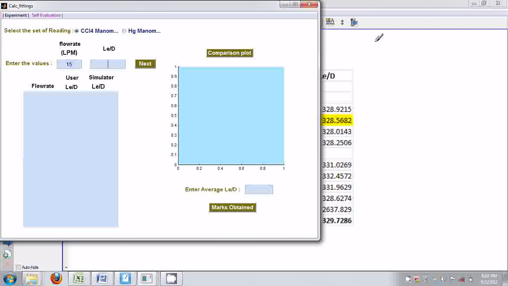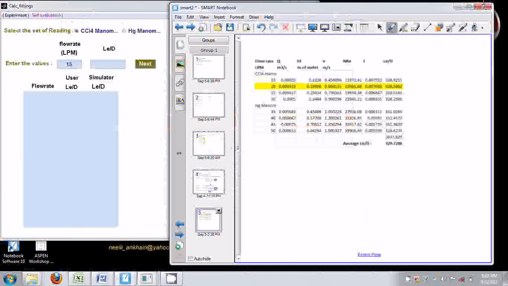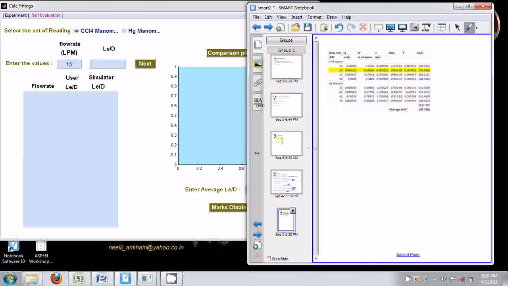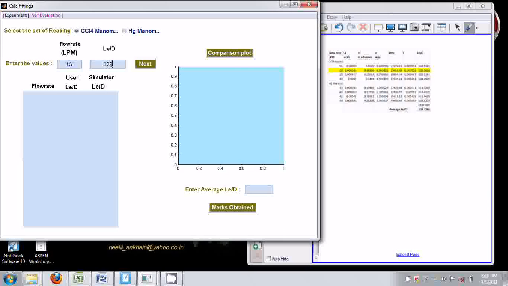At this value, the equivalent length of the fitting calculated by the user is 328.921, or 328.922.